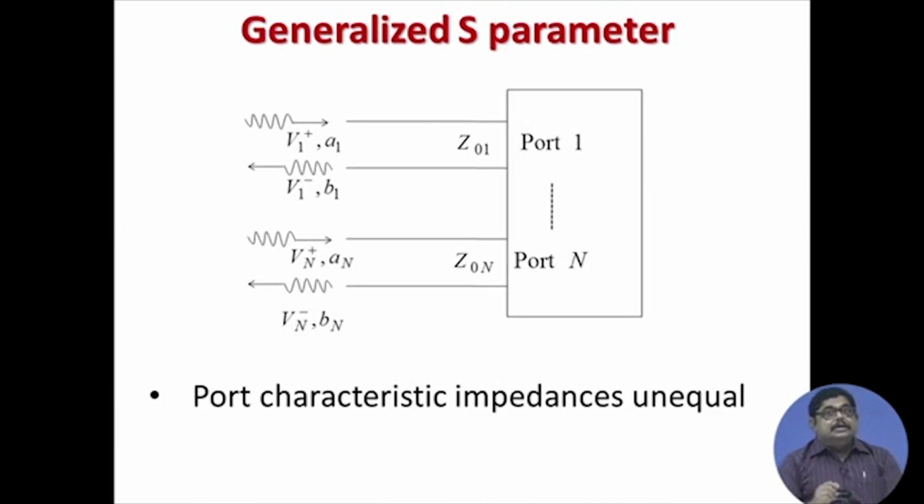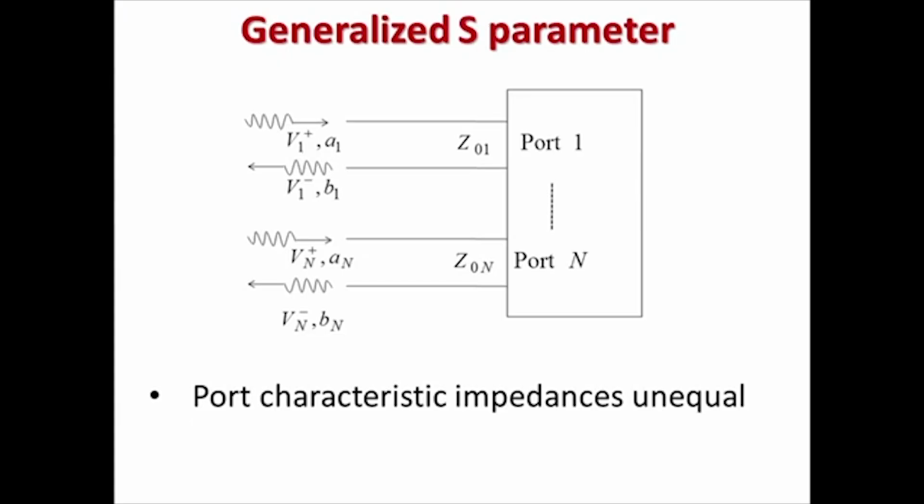And another thing is that various ports, now we define parameters. Let us say that the characteristic impedances of various ports are different. This happens, for example, when in a waveguide there are 5 modes going.